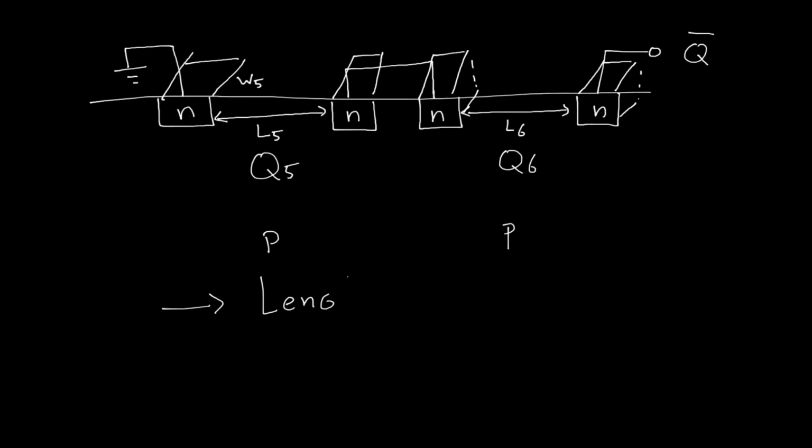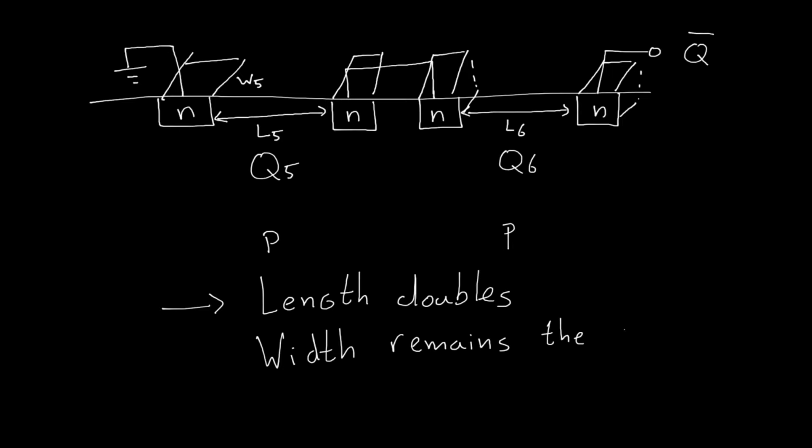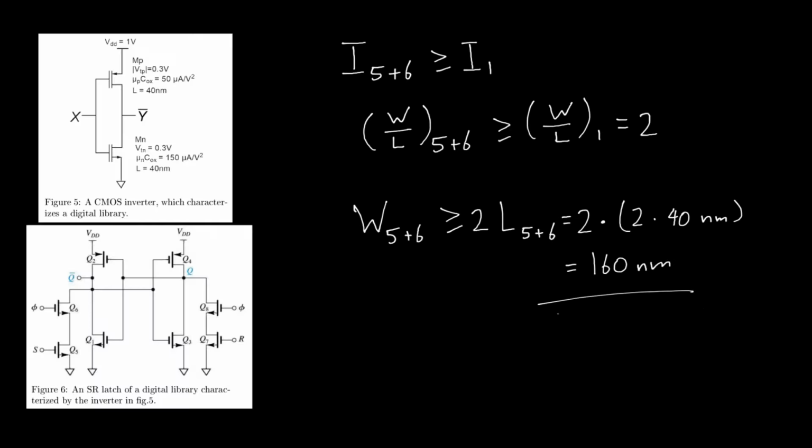So that's an important thing to remember. The width does not depend on chaining these to each other. And this means that the width of transistor 5, but also the width of transistor 6 and transistor 7 and transistor 8 all have to be 160 nanometers.